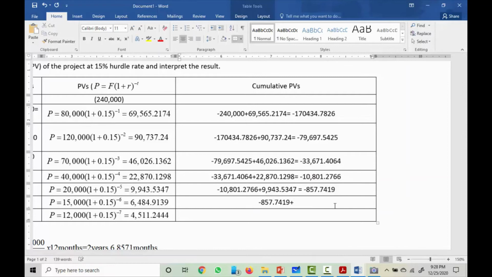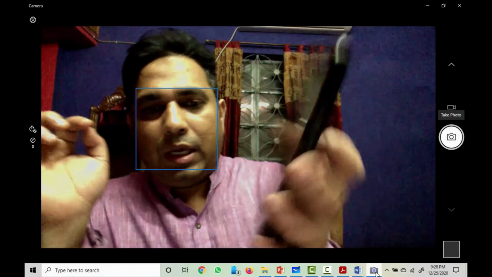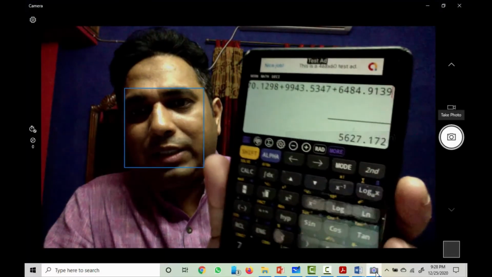If we add the next present value, what we will get? 6,484.9139. So plus 6,484.9139.